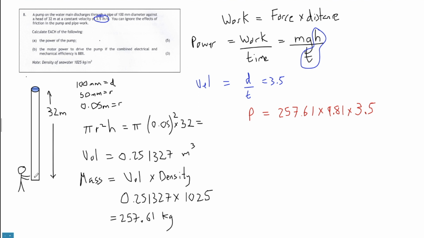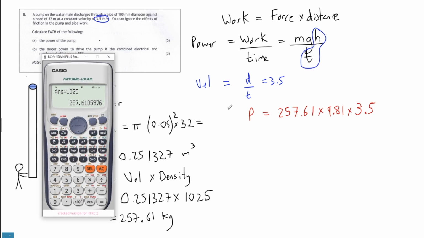Imagine the water's coming in here and coming out again at 3.5 meters every second. It doesn't matter if we were physically lifting this tube up in the air at that speed, or if we were putting a chunk of water in and then taking it out the top. The effect is equivalent. Anyway, let's calculate this and see what we get.